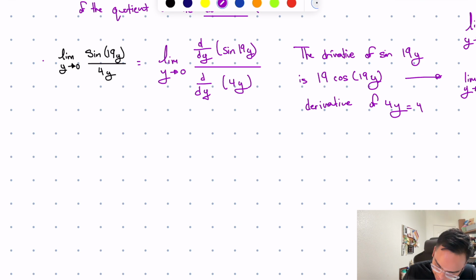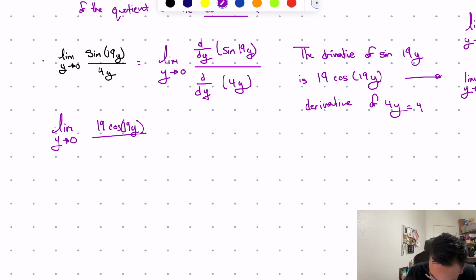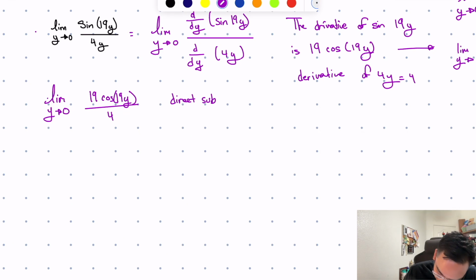So if we find the derivative and plug it in, the limit as y approaches 0 of 19 cosine of 19y over 4, and then we can just direct substitute. Wherever there's a y, we're going to make it 0.